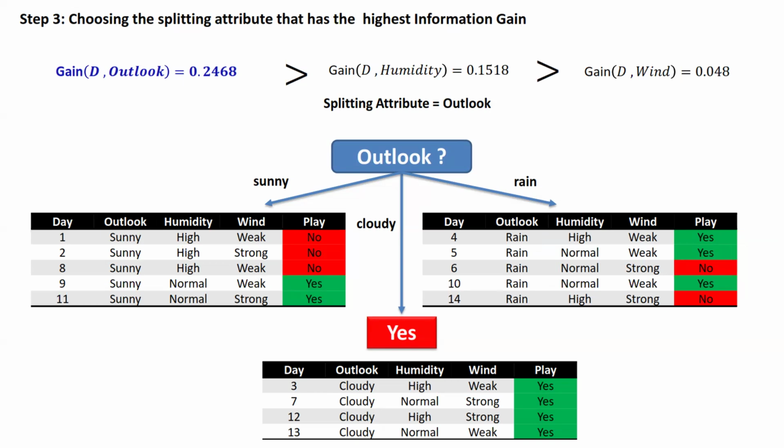Now, based upon that, we are going to divide the data set into subsets. The leftmost branch will contain all those rows where the outlook is sunny, the next will include all those where the outlook is cloudy, and this will include all those where the outlook is rainy. So this process continues.